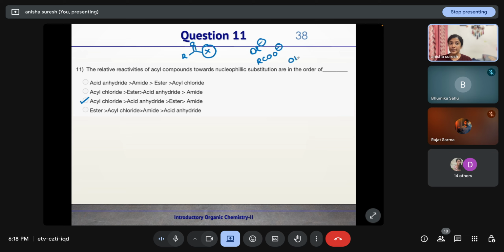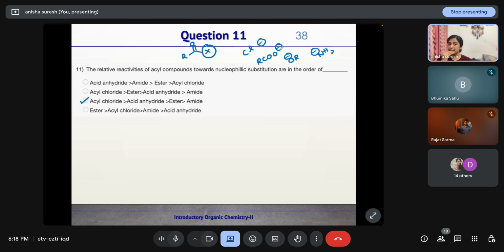In case of ester it will be OR minus. In case of amide, NH2 minus. So the stability of these leaving groups can be identified by the pKa of the conjugate acid of these leaving group anions. If the pKa value of the conjugate acid is lower, that anion will be more stabilized. So if we consider this, its conjugate acid is HCl, which is having a pKa value lesser than 0.